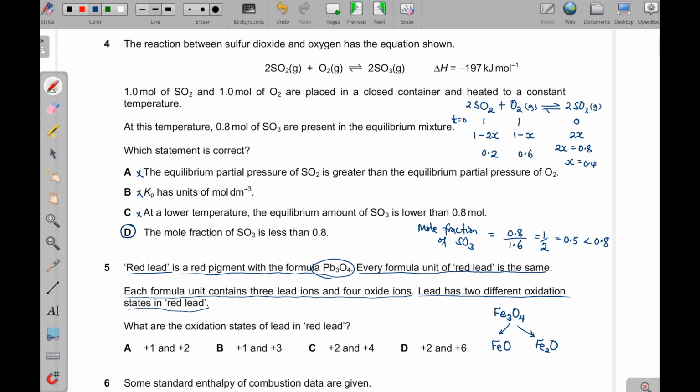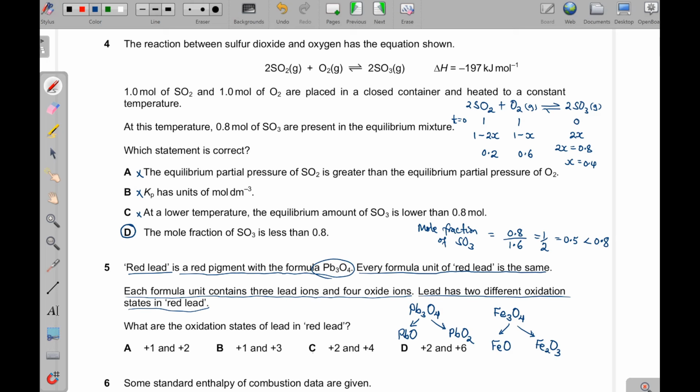You see? These two, when you add them, they give you that. So that means when I look at lead here with 3 ions and then we have 4 oxide ions, this one should come from lead 2. So I can have lead 2 oxide and then lead 4 oxide. It has to be like that.